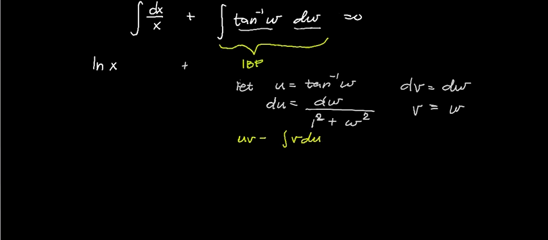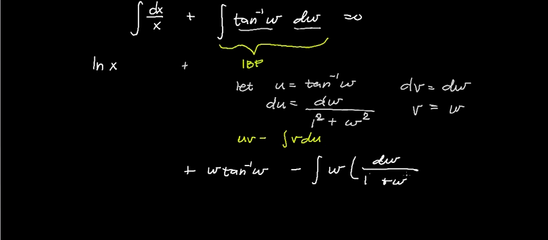So we have our u as arctan w, so uv is w arctan of w, minus the integral of v du, which is w dw over 1 plus w squared. Okay.